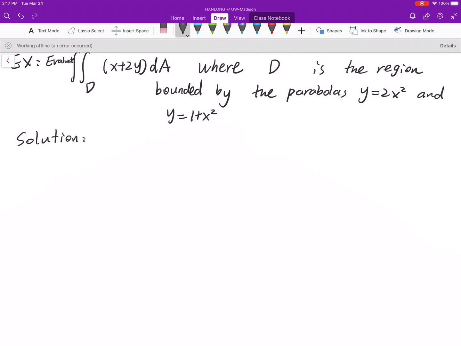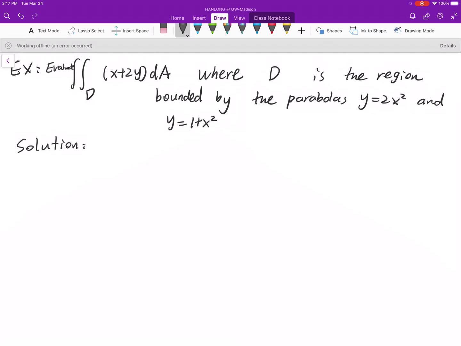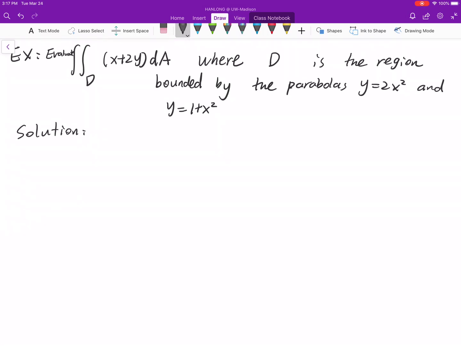I strongly suggest you first draw the picture for D. Otherwise, you may have a hard time figuring out the explicit formula for D. So this is x coordinates, this is y coordinate. And the first parabola has narrow mouth, so go like this, y equals 2x squared.